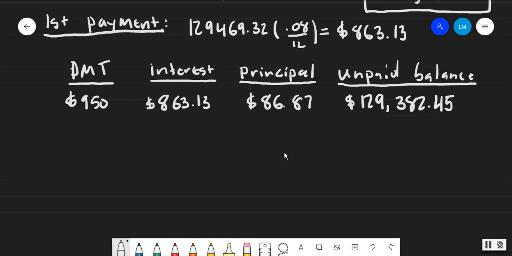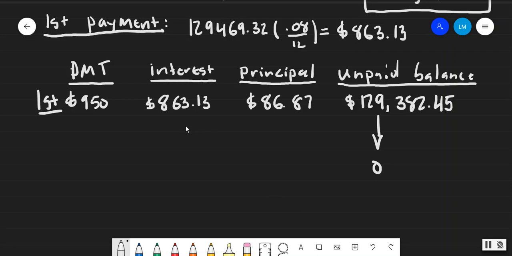Okay, so we see that there is quite a bit to go in this case because this is only just the first payment. So they have 359 to go until the balance eventually drops to zero. So eventually this will go to zero.